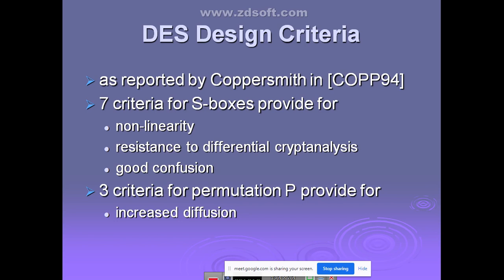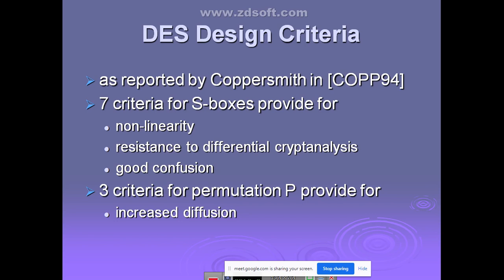These are the things you get by using S-boxes in the DES design. Because of that I told you the DES algorithm is more secure compared to other encryption algorithms. Clear?